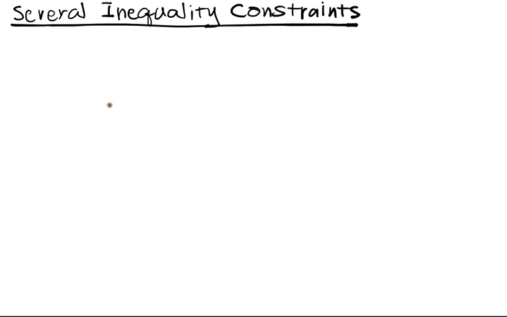So the generalization to several inequality constraints and several variables is not too bad, and the main thing that we need to consider is whether any of the inequality constraints are binding or not binding, right? So the generalization is straightforward.